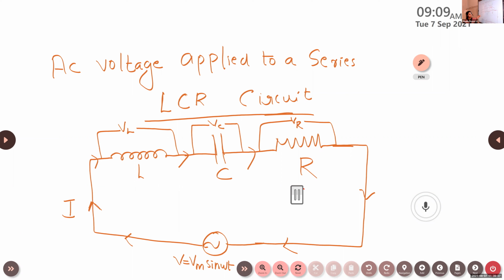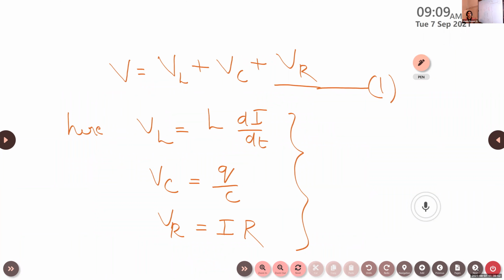So here we take the voltage across the inductor as VL, across the capacitor as VC and across the resistor as VR. Then by Kirchhoff's law, we have V is equal to VL plus VC plus VR. Then we recall the equations for the potential developed in each component.